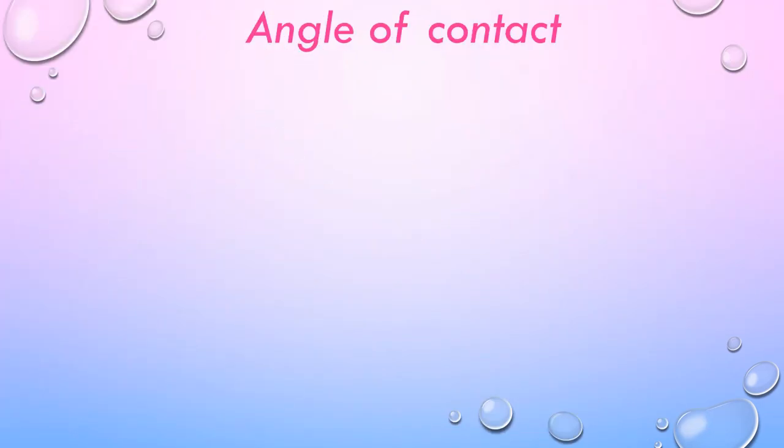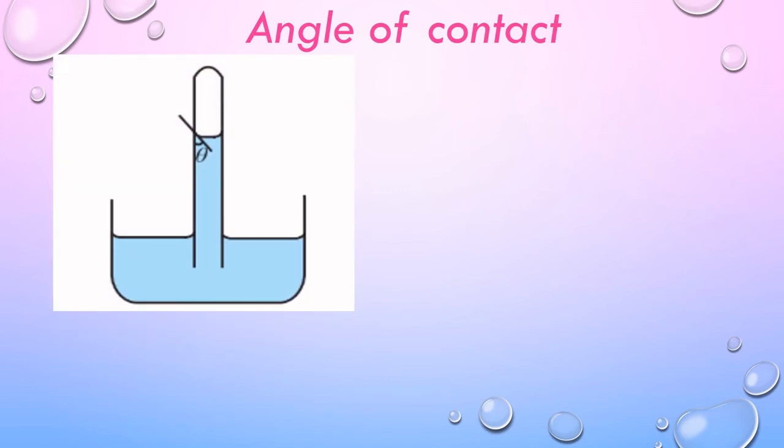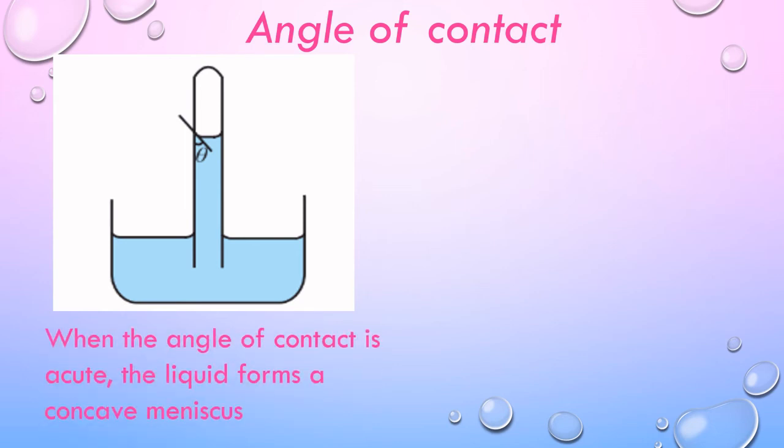The angle of contact can be an acute angle or an obtuse angle depending upon the type of meniscus formed on the surface of the liquid. Now here we can see in the diagram a concave meniscus. By definition, the angle of contact is the angle between the tangent drawn to the free surface of the liquid, which is inside the liquid in this case, and the surface of the solid inside the liquid.